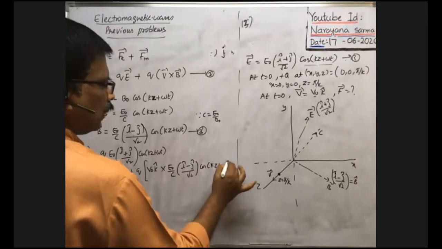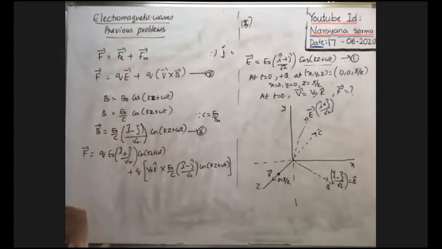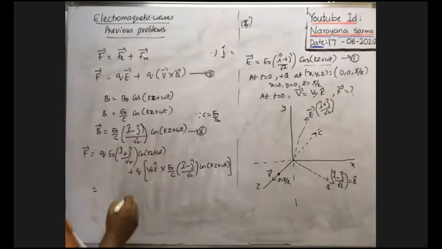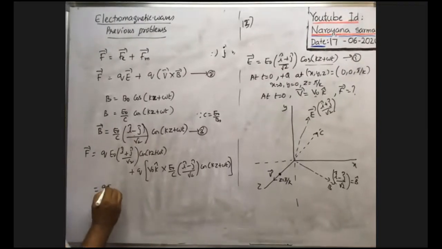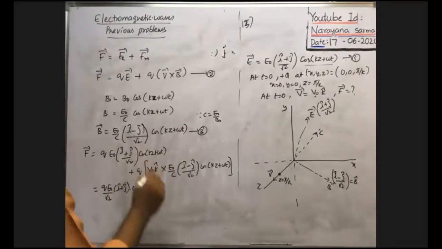Of course, not all problems are lengthy like this. Most of the problems are easy only. A few problems are different, with lengthy calculation. Now you see, Q E naught by root 2 (i cap plus j cap) into cos(kz + ωt).